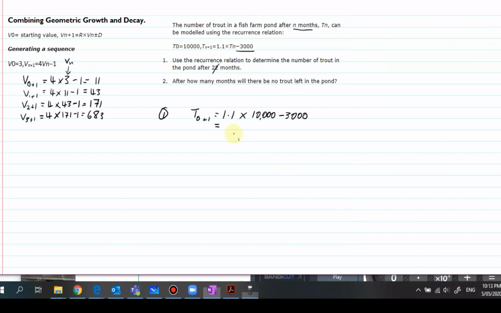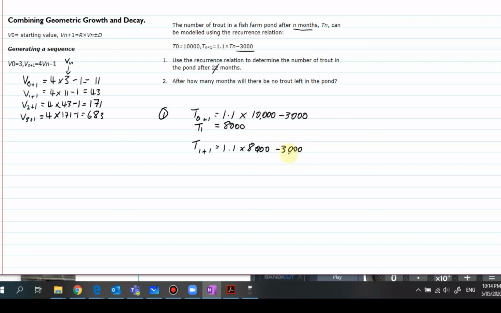So our answer is 8,000 for T1. So T2 is equal to 1.1 times 8,000, minus 3,000.